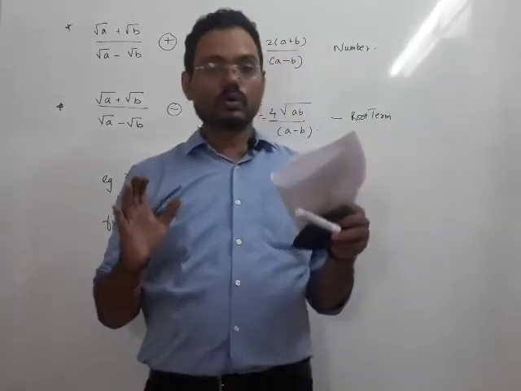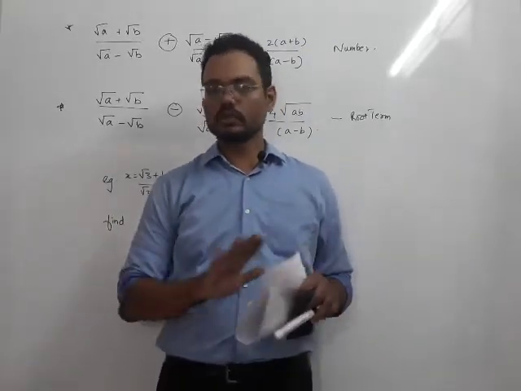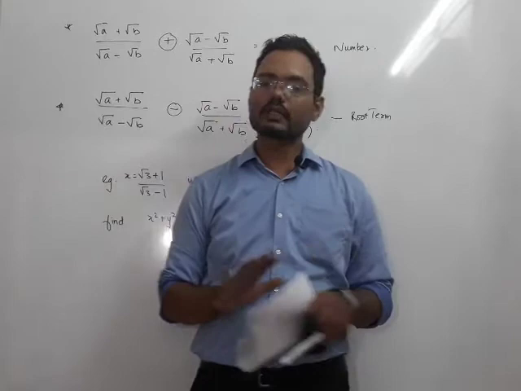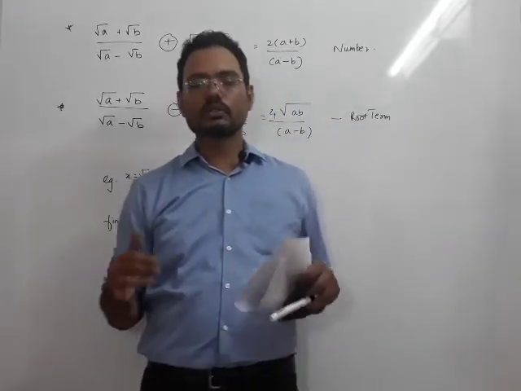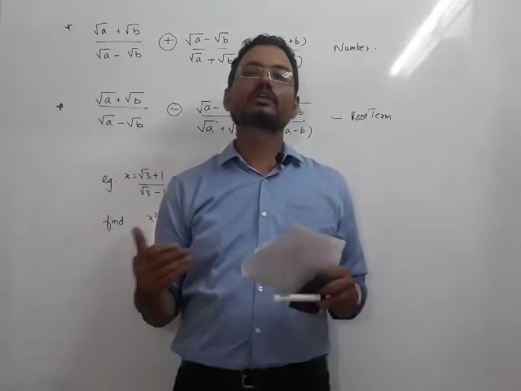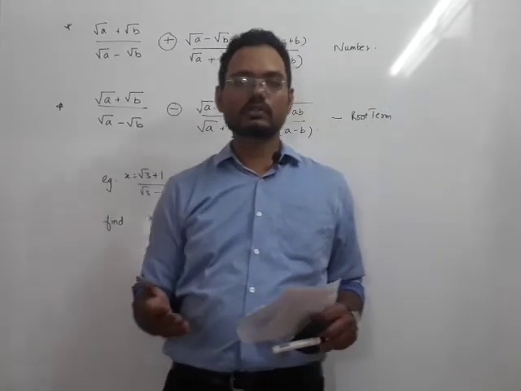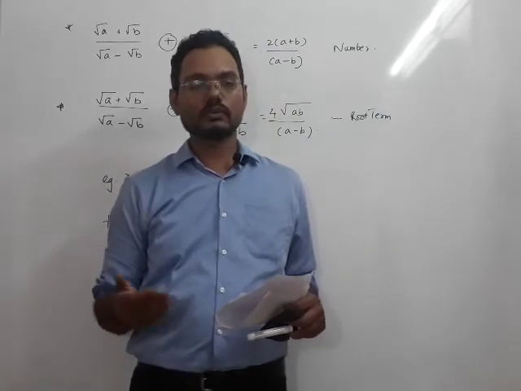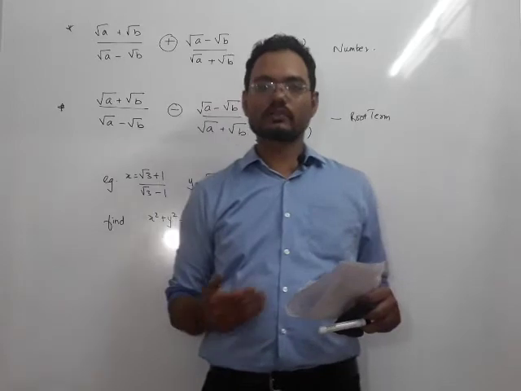Now, I understand that whatever formulas have been discussed, you have not understood anything, you have not memorized anything, but you are aware. What we are going to do is use them only as reference points. If I ask you, if x minus 1 by x is n, x cube minus 1 by x cube will be what?